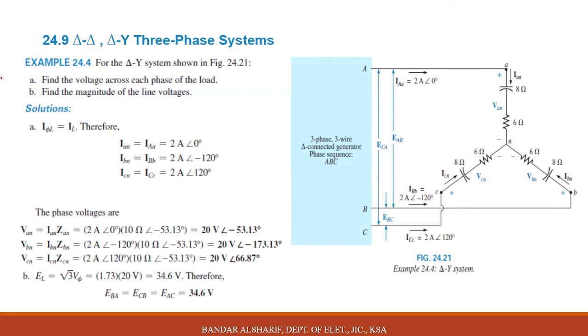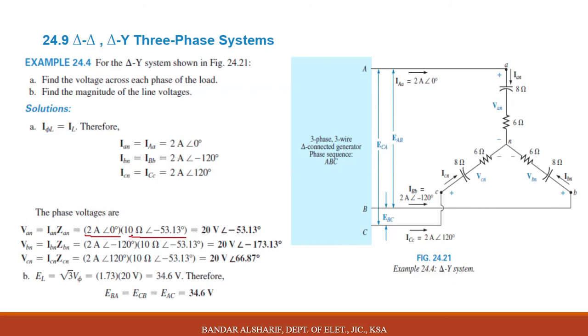Since we know that it is a Y connection, the line current equals the phase current, so we can directly multiply the phase current with the impedance, which is a series resistor with the capacitor, and this is the value for the line and phase current. We multiply the phase current with the impedance.